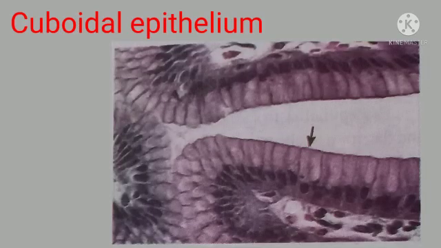Cuboidal epithelium. The second type of epithelial tissue is cuboidal epithelium. Observe the diagram carefully, children. How are the cells arranged? Yes, they are arranged as a single layer of cells whose dimensions are more or less equal in all directions.